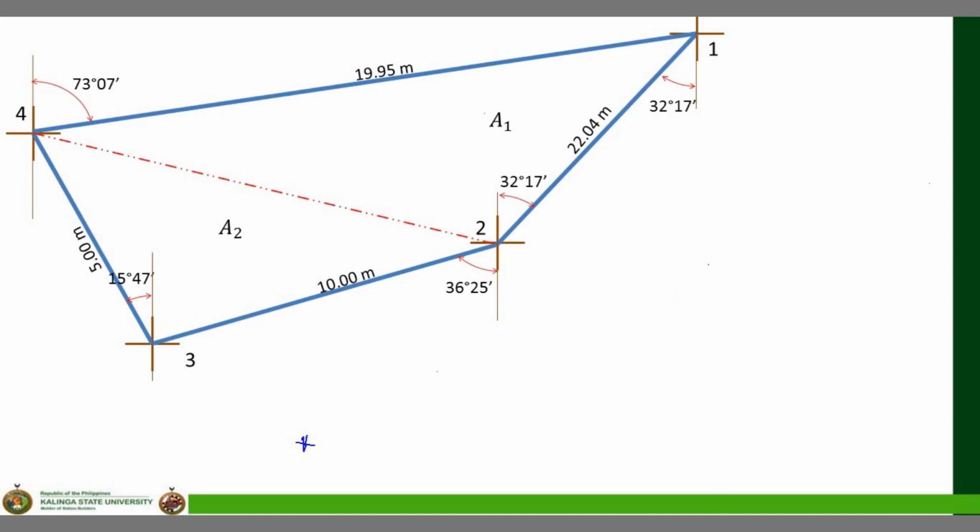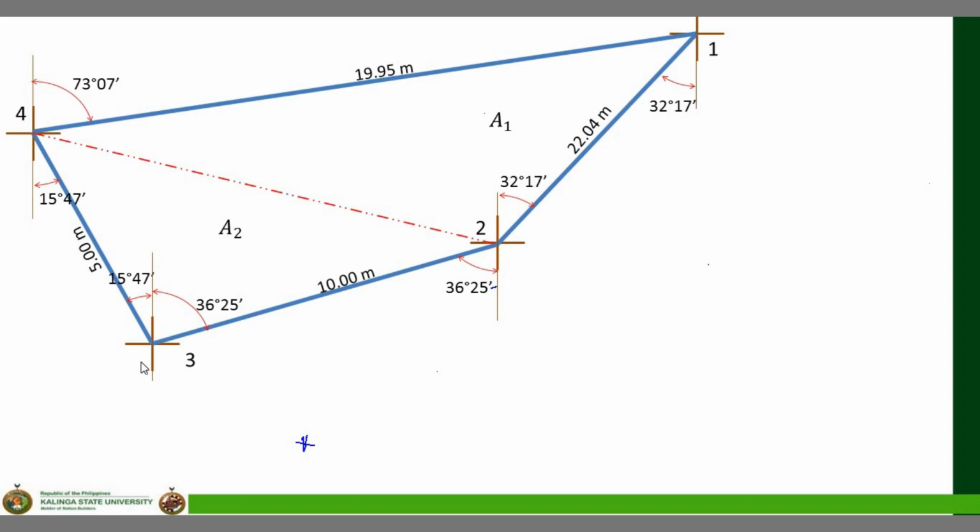At station 2, this is 36 degrees 25 minutes. Therefore, this is also equal to 36 degrees 25 minutes. At station 3, 15 degrees 47 minutes, by vertical angles, this is also equal to 15 degrees 47 minutes.